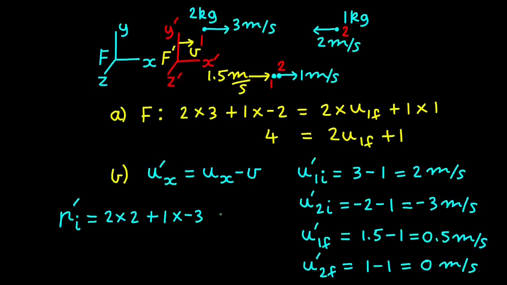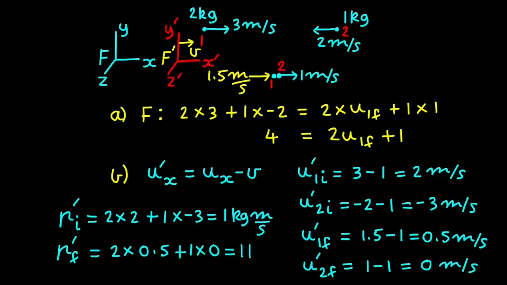So that would give an initial momentum of minus 1 kilo meter per second. And then the final momentum, or the momentum after the collision, according to the primed observer, is equal to 2 kilos by 0.5 meters per second, plus 1 kilo by 0 meters per second, which again gives 1 kilo meter per second.